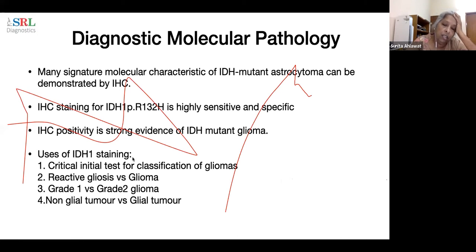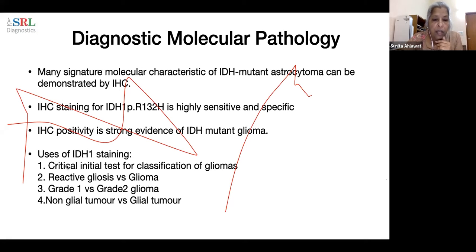tumor, then this is a mutant IHC. So it is a marker which marks the mutation. It cannot be seen in normal or reactive cells, and it is not seen in any other tumor which does not have this mutation, and it is not seen in non-glial tumors like neurocytomas or pilocytic astrocytoma, all of which make a differential diagnosis on pathology.